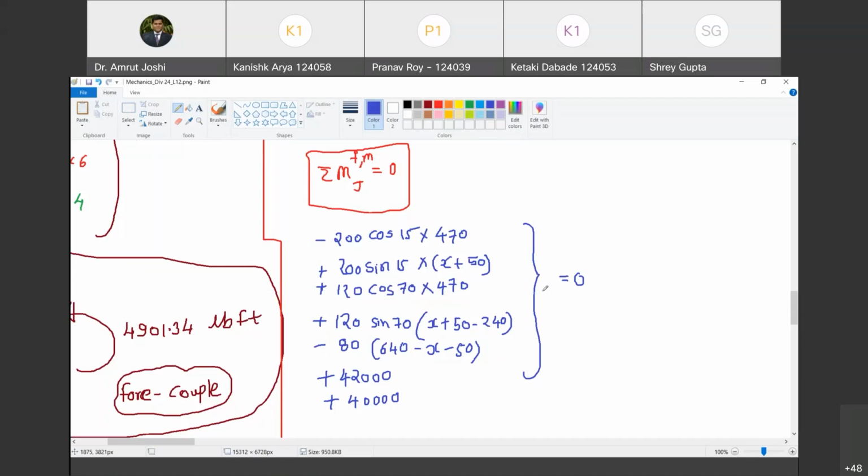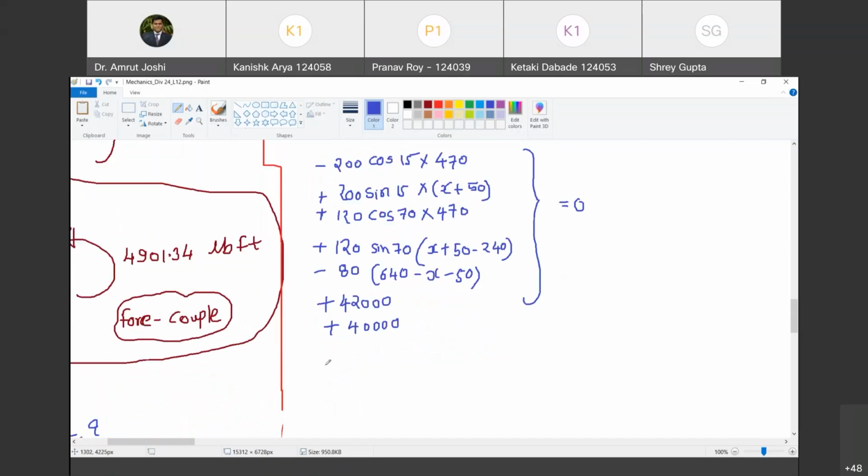Alpha equal to 0. Shift solve. I got x as 227.14 mm. Are you with me?